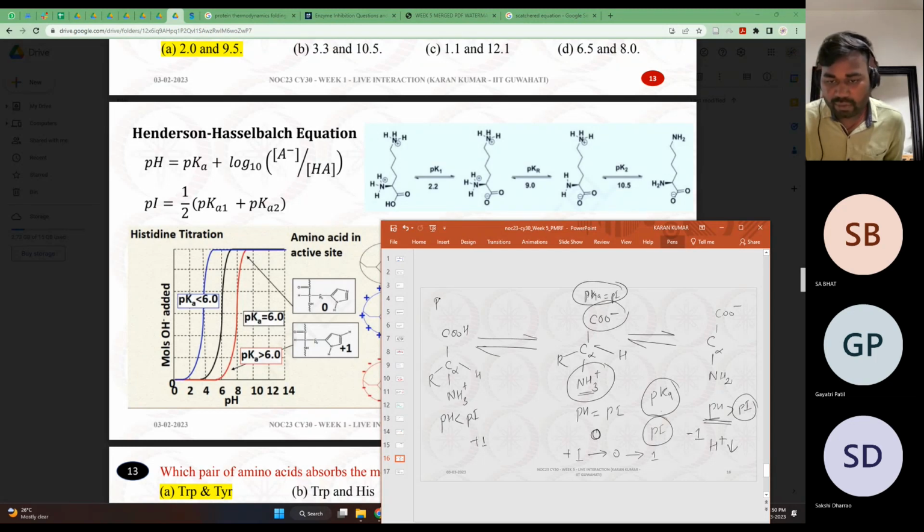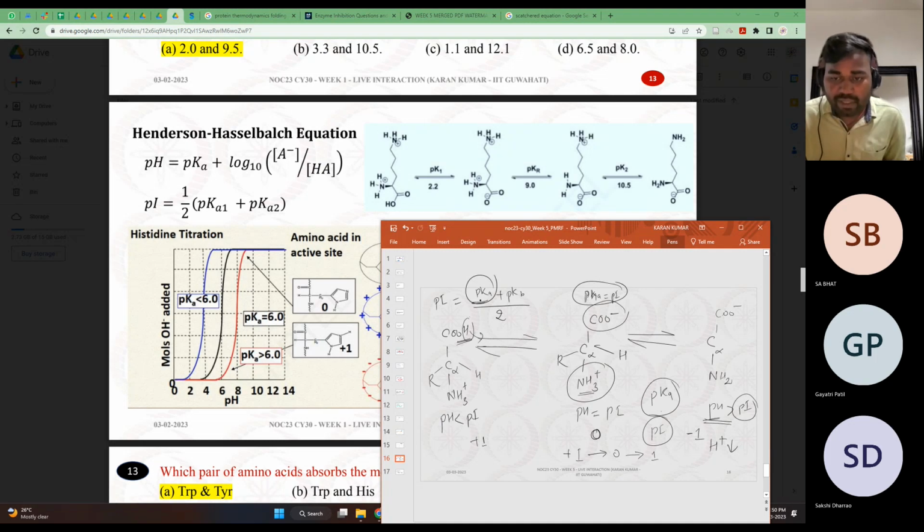The pI is equal to pK1 plus pK2 divided by 2. And this pK1 is the pH value where the alpha carboxylic group will lose its proton.